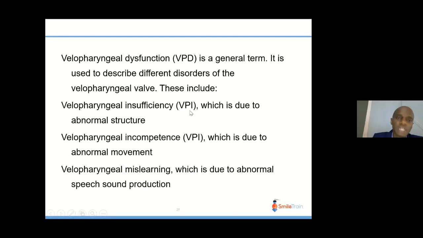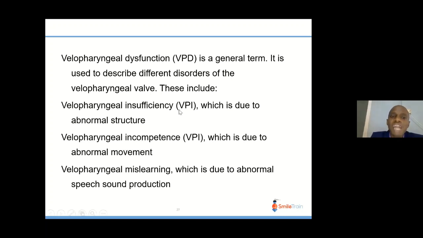So velopharyngeal dysfunction is a general term, and there are three parts of it. There is velopharyngeal insufficiency, which is due to abnormal structure. There is velopharyngeal incompetence, which is due to abnormal movements. And there's velopharyngeal mislearning, which is due to abnormal speech sound production.